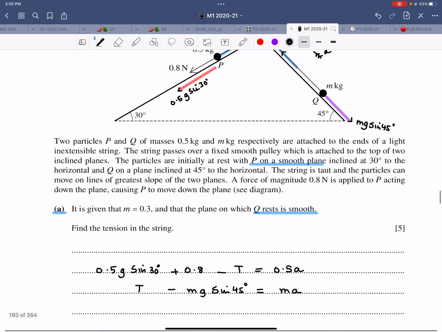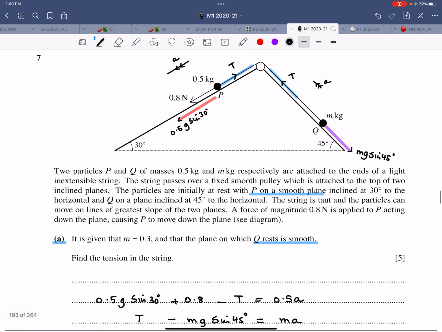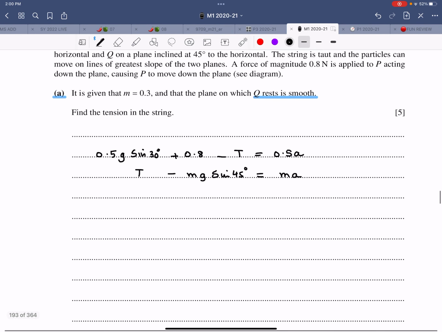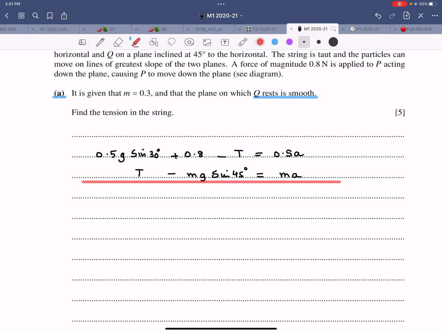Is there anything else? No, there is nothing else. When I add these two equations, what do I get? I get 0.5 g sine 30 plus 0.8 minus mg sine 45 is equal to (0.5 plus m) multiplied by a.